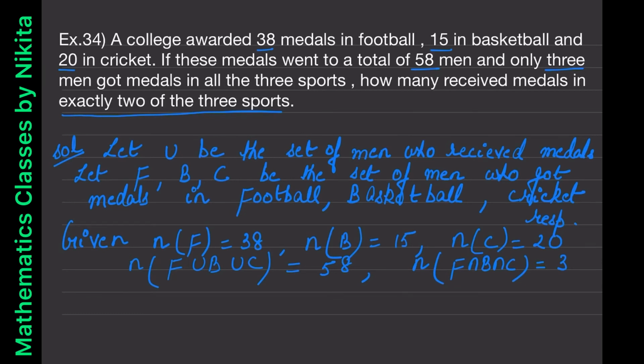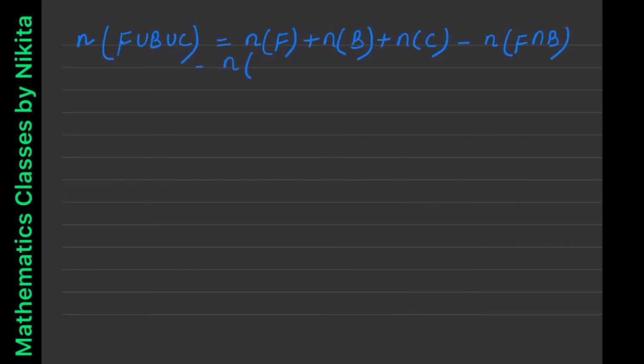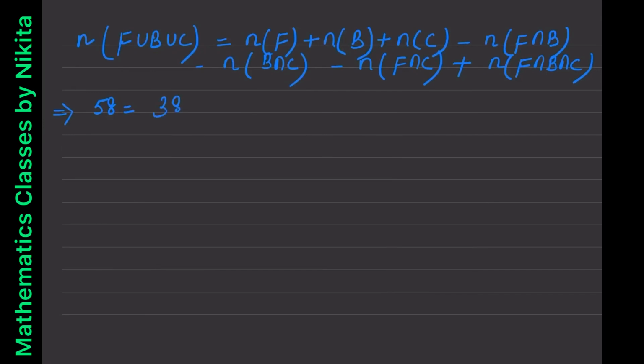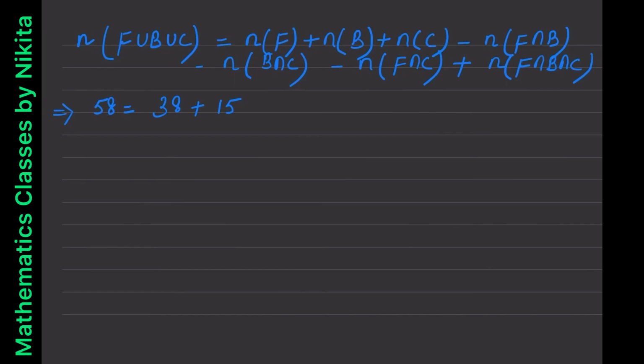Now first let us use the formula, your formula number 3, the number of elements in F union B union C is equal to ... minus number of elements in F intersection B minus number of elements in B intersection C minus number of elements in F intersection C, and plus number of elements in F intersection B intersection C. So this implies that, just plug in all the values. 58 is equal to 38 plus 15 plus 20.